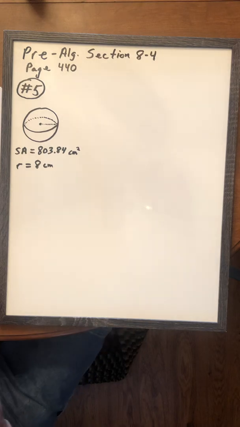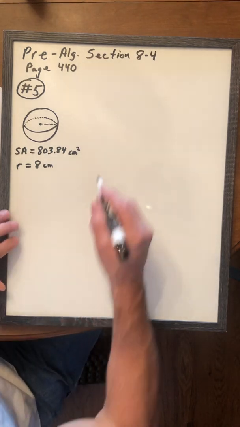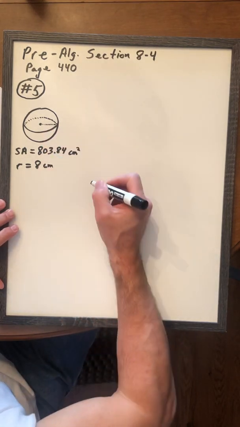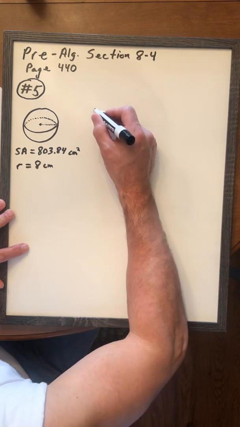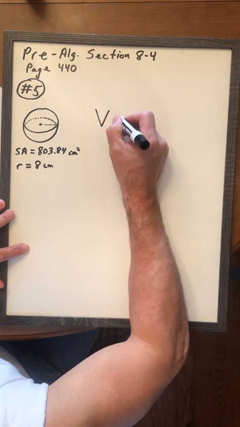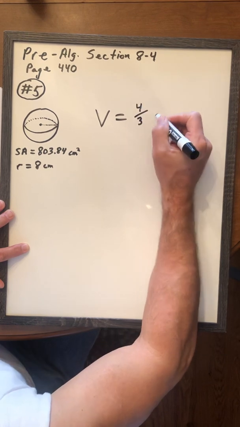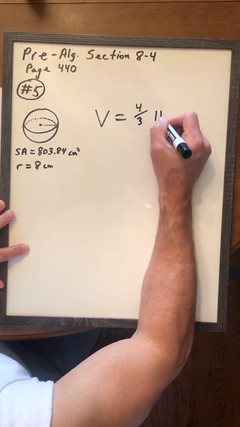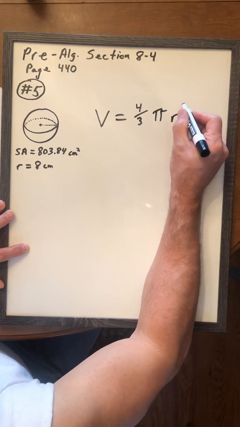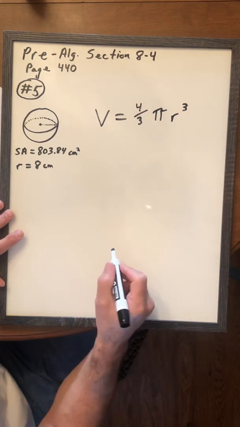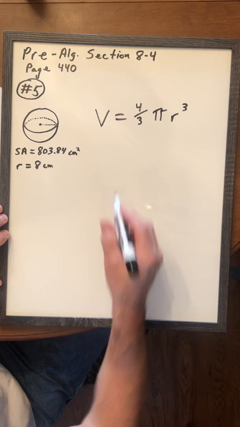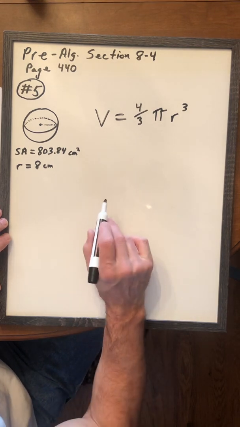And so the first thing I need to do is write down the formula for volume of a sphere. And the volume of a sphere, V equals 4/3 pi r cubed this time. All right, so that is the formula.